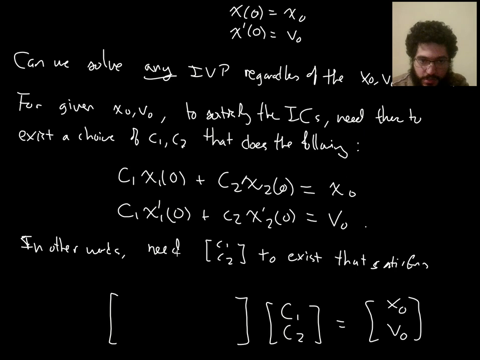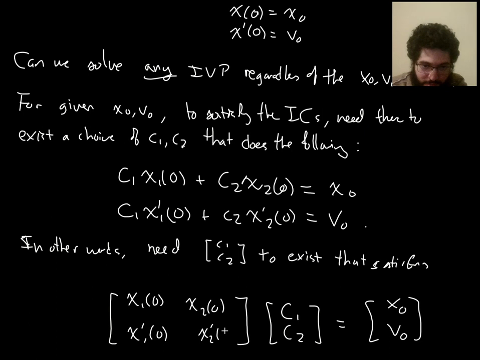We need a vector C1, C2 to exist that satisfies this equation where the matrix of coefficients consists of these numbers: x1 of 0, x2 of 0, x1 prime of 0, x2 prime of 0.